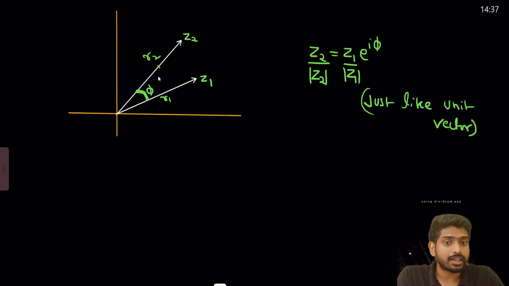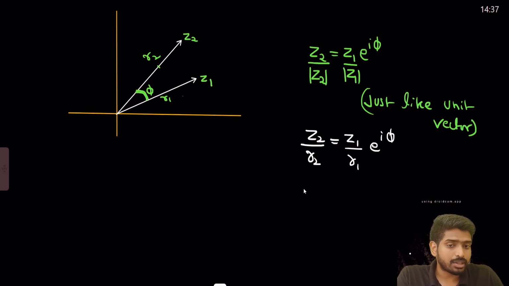Now when I send the modulus of z2 to the other side, the unit vector's magnitude is 1, and when it gets multiplied by the modulus of z2, it makes that unit vector have magnitude r2, right? So I can write this as z2 upon its magnitude r2 equals z1 upon its magnitude r1, times e to the power iota phi.